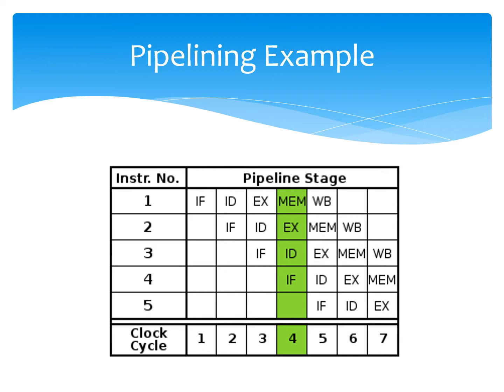CPU designers borrow the idea of the assembly line and design the pipelining approach to execute instructions in the fetch-execute cycle. After the instruction fetch unit finishes its task, the fetched instruction is handed off to the decode unit.